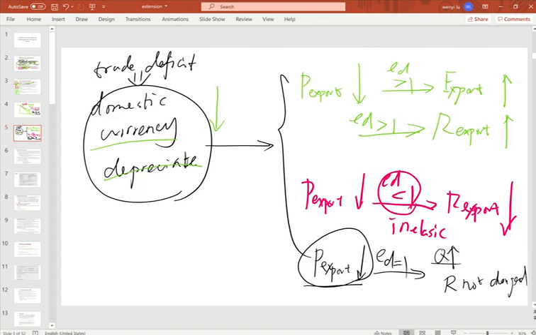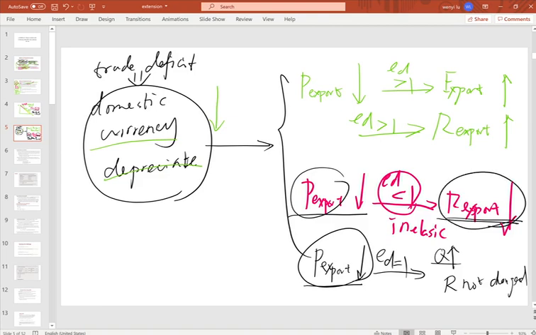So if the export demand is very inelastic, then if the price of exports goes down because the currency depreciates, it will not reduce your trade deficit, but on the contrary it can reduce your export revenue.